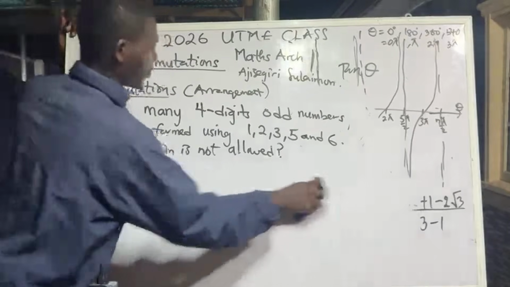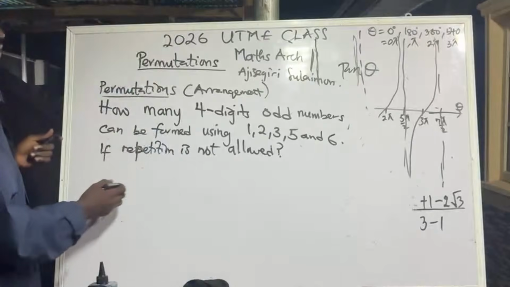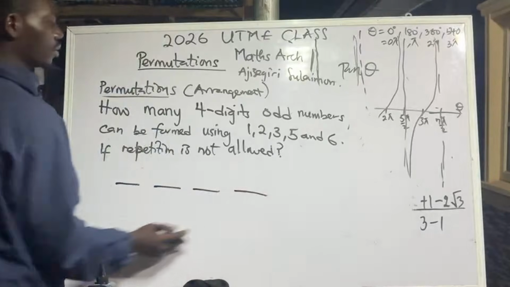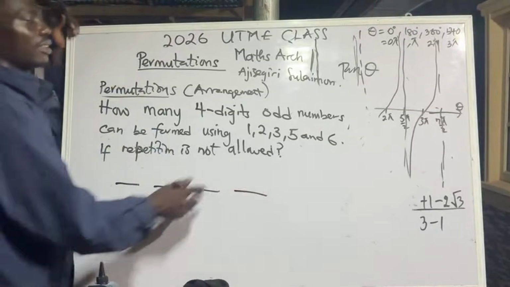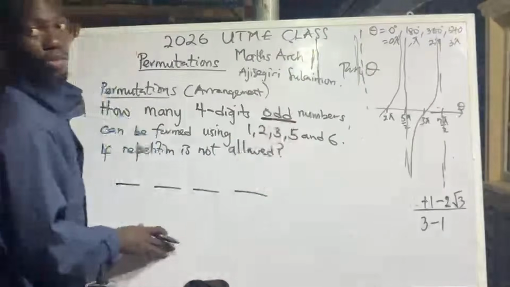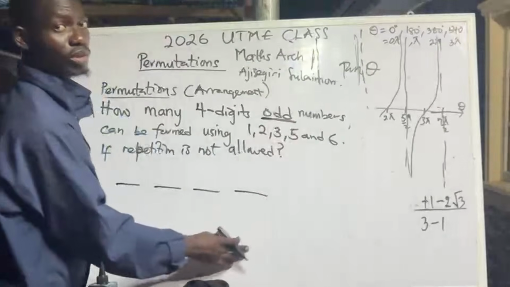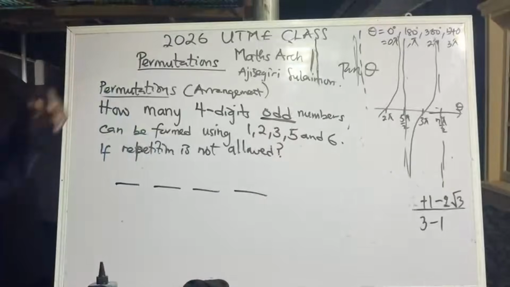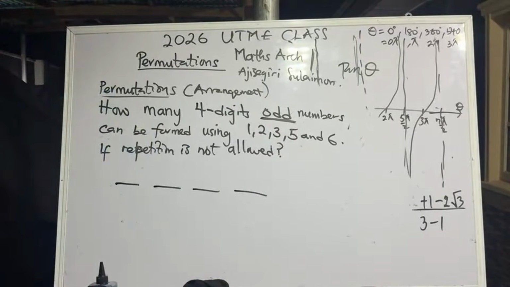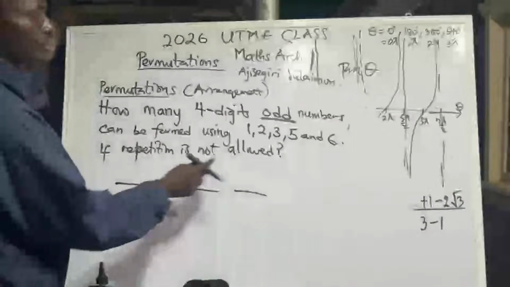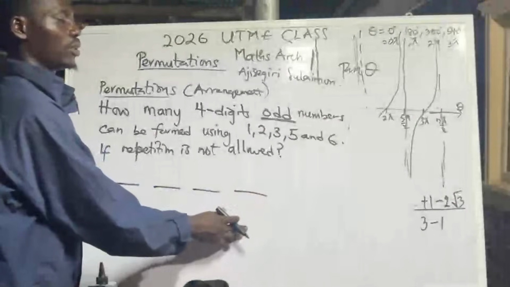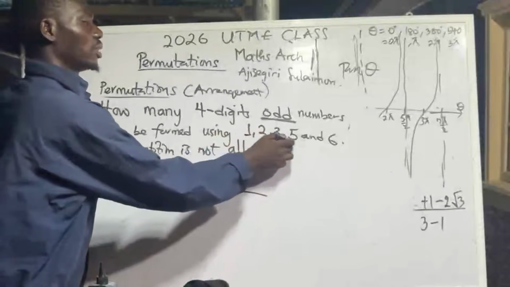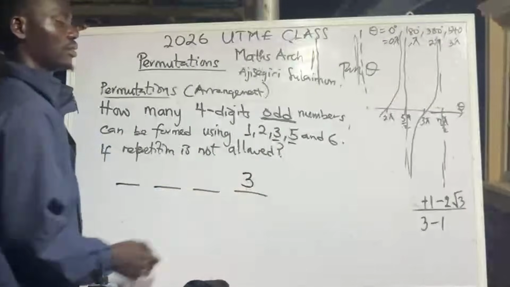So 4 digits, odd number. The restriction is that it has to be odd. That means the last digit needs to be odd. So how many odd numbers do you have? 1, 3, 5. That's 3. You get that now.